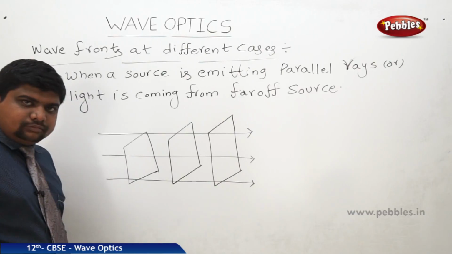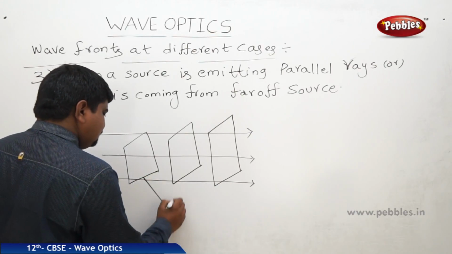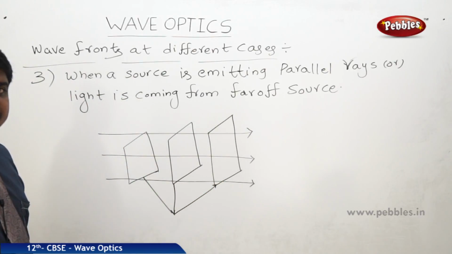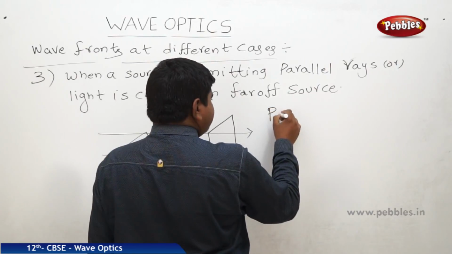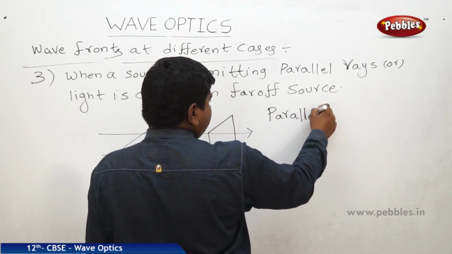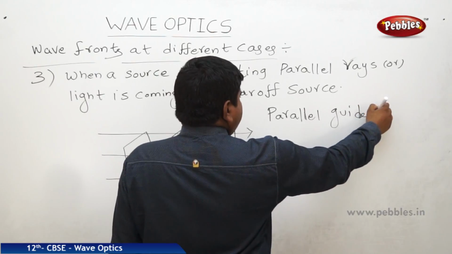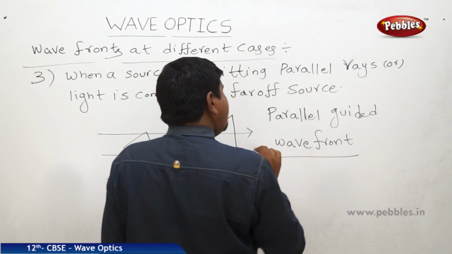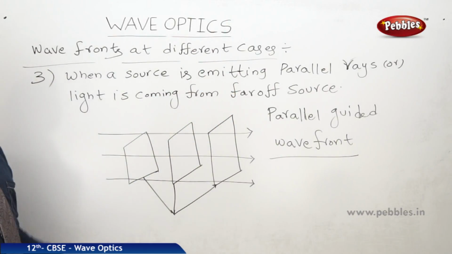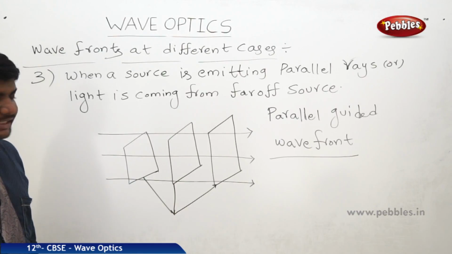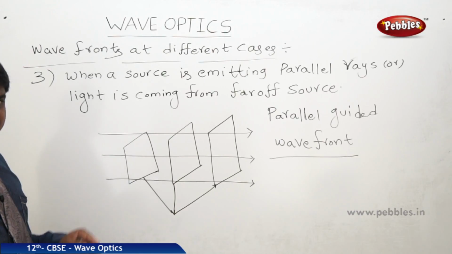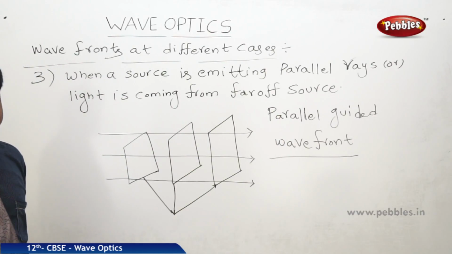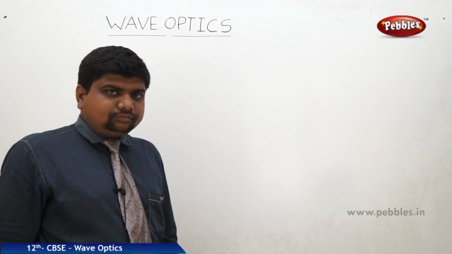So we can say it is a parallel wavefront, a parallel guided wavefront. When a source is emitting parallel light rays, or light is coming from a pair of sources that seem to be parallel to each other, then we can expect a parallelly guided wavefront in this case.